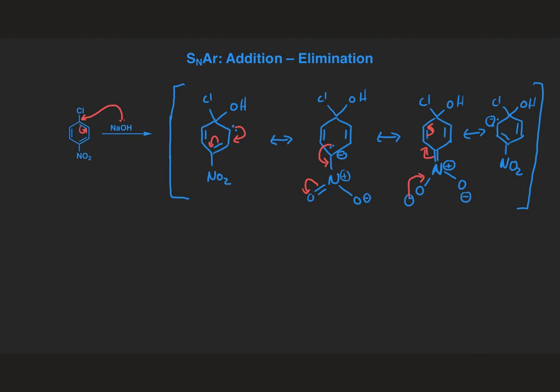This intermediate is called a Meisenheimer complex. And SNAr works on electron deficient aromatic rings because of this resonance structure here. Without this resonance structure where the nitro group is helping to stabilize the electrons in the aromatic ring, this reaction doesn't work. And then in a final step, we do an elimination.